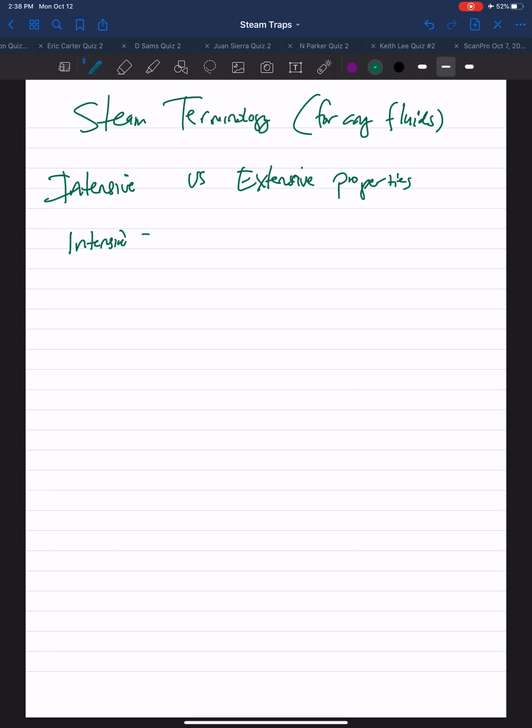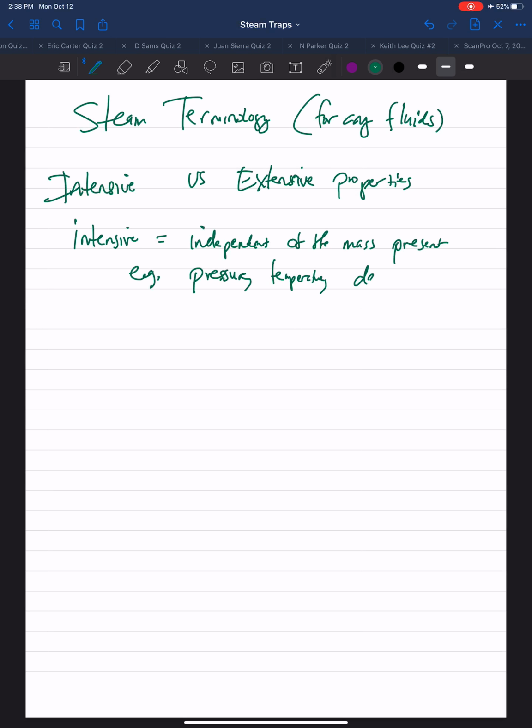Intensive is independent of the mass that is present. For example, pressure, temperature, and density.